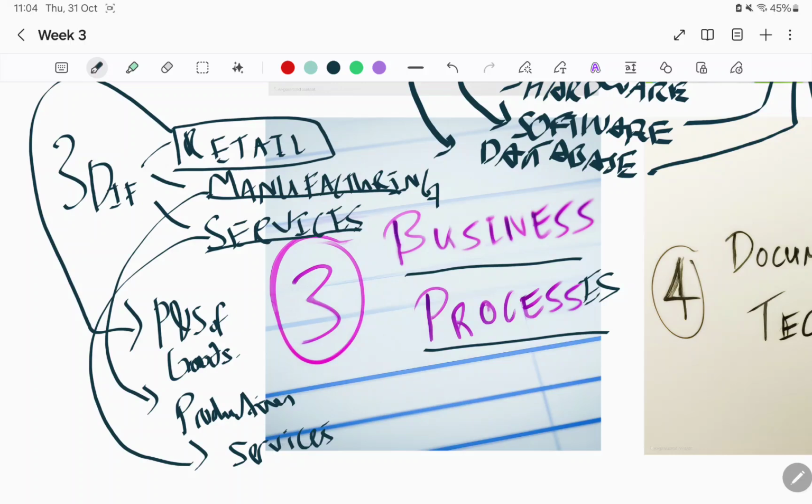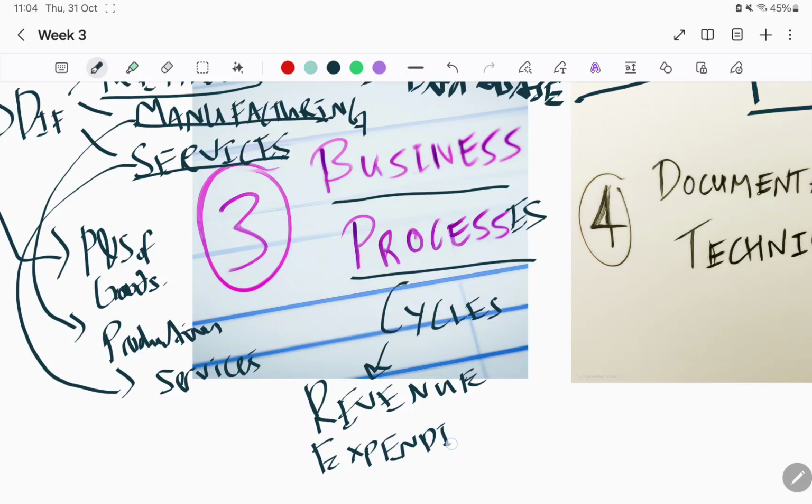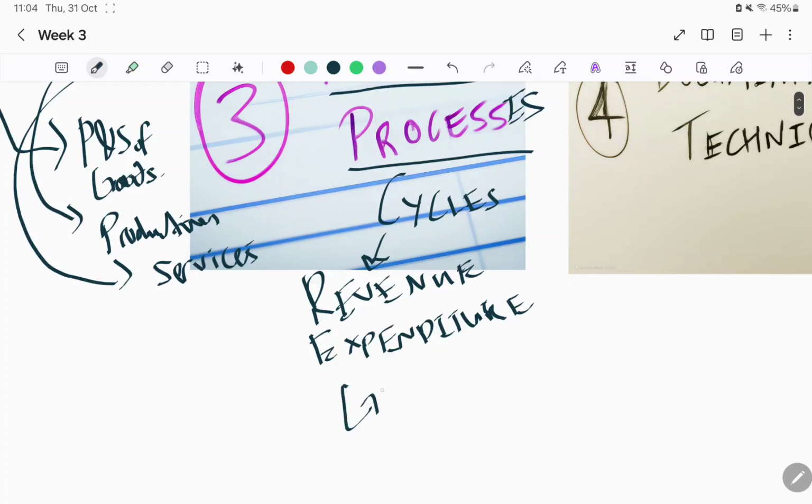Inside the business processes we have different cycles, which we will look at today. The revenue, the expenditure, and the general ledger.